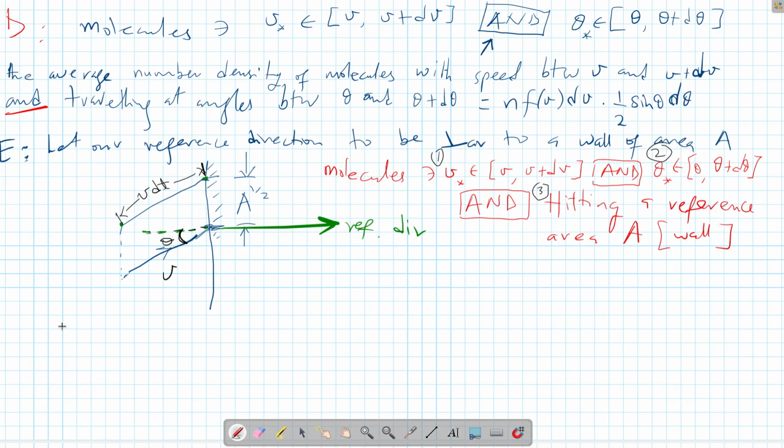Now, we should consider this point that within the time interval dt, such molecules will sweep out a volume perpendicular to the wall.